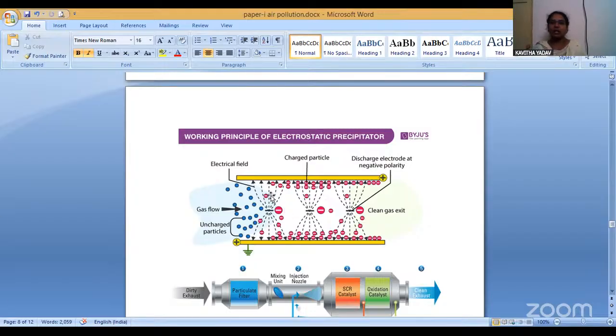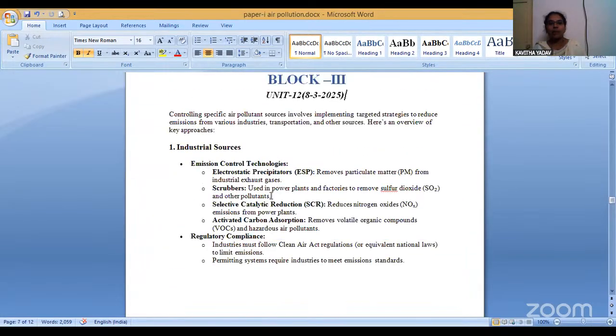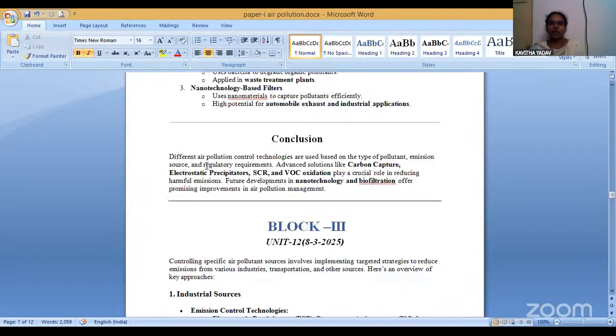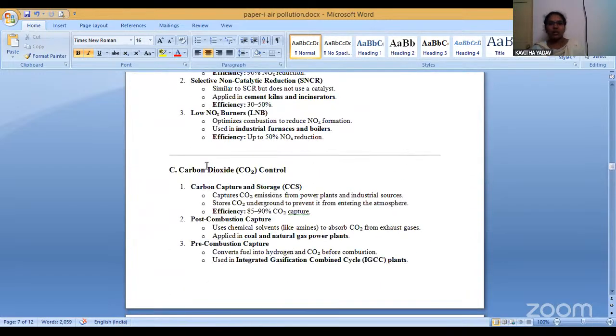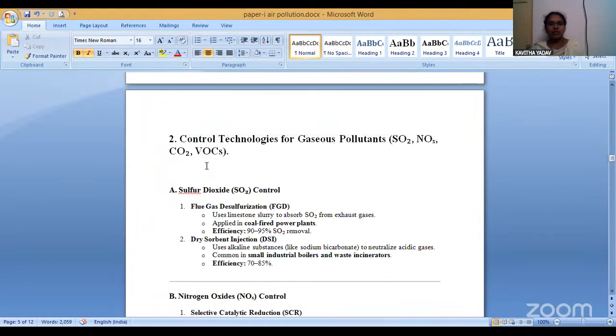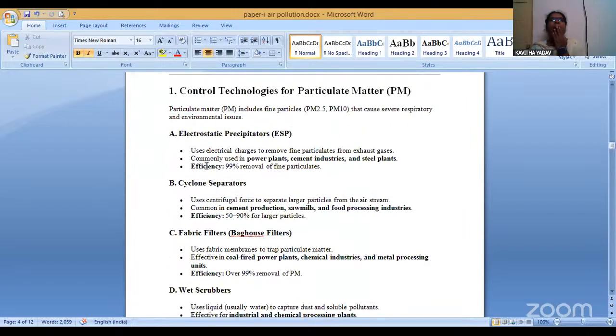So where can that particular electrostatic precipitator be used? We already discussed, right? Wait. Yes, here it is. The electrostatic precipitators use electrical charges, as I said.